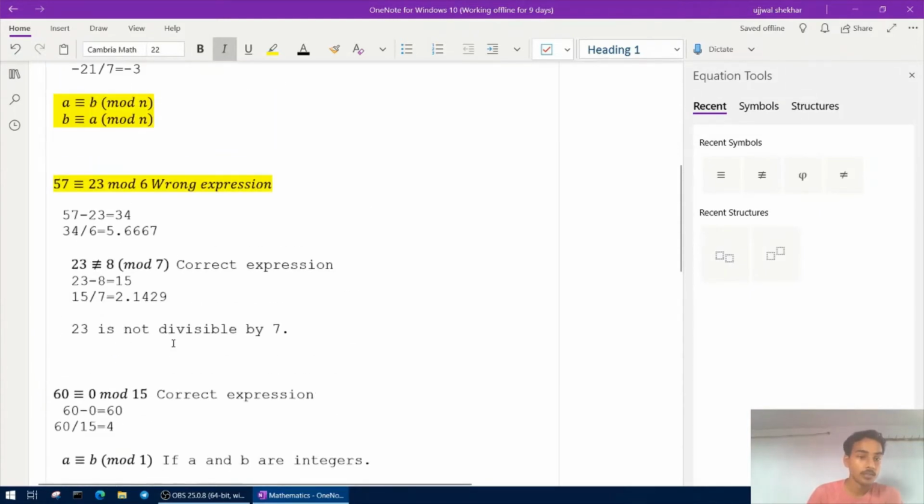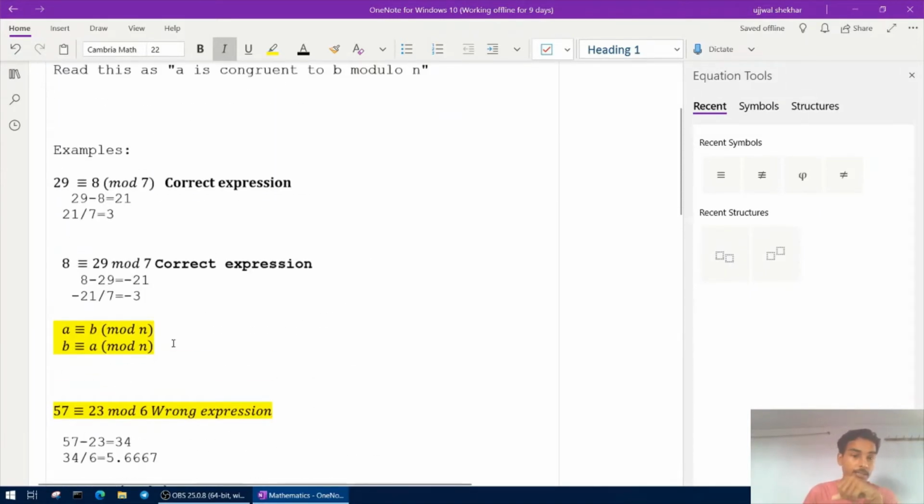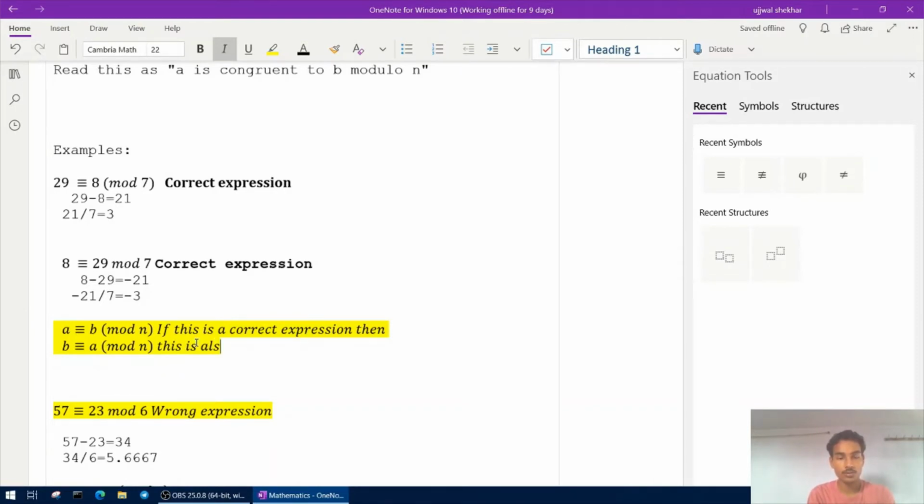And one more thing I want to say is that let's say you are given an expression a is congruent to b mod n. If this is a correct expression, then b is congruent to a mod n is also a correct expression.